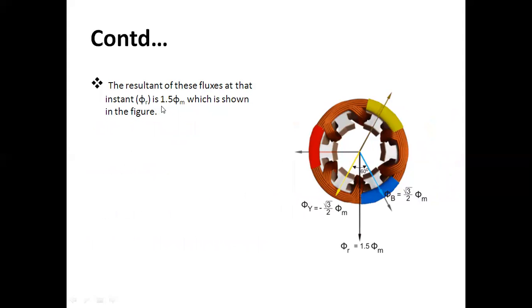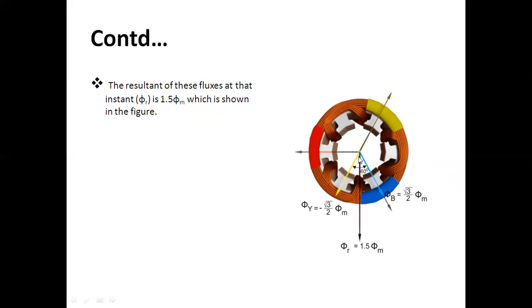If I see the pictorial view, it is clear that the resultant of these fluxes at that instant, phi suffix r standing for resultant, is 1.5 phi m. So this is the resultant value of the flux.